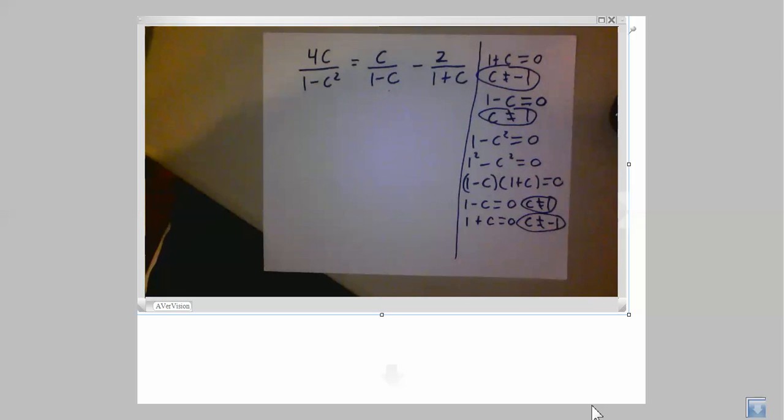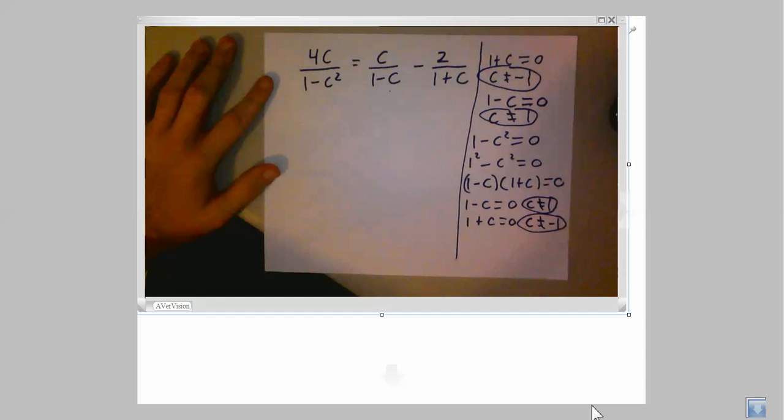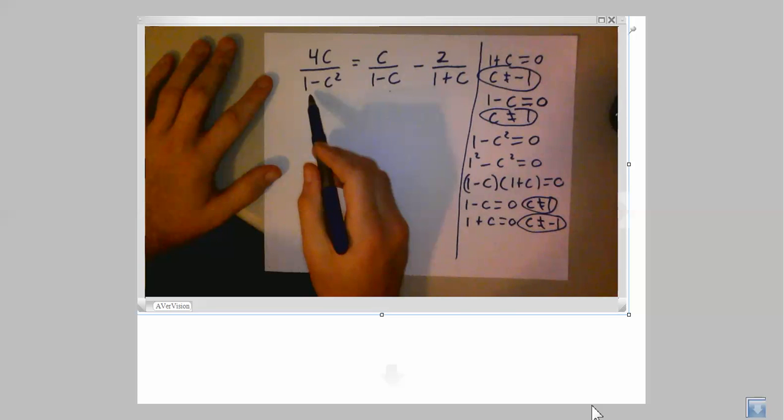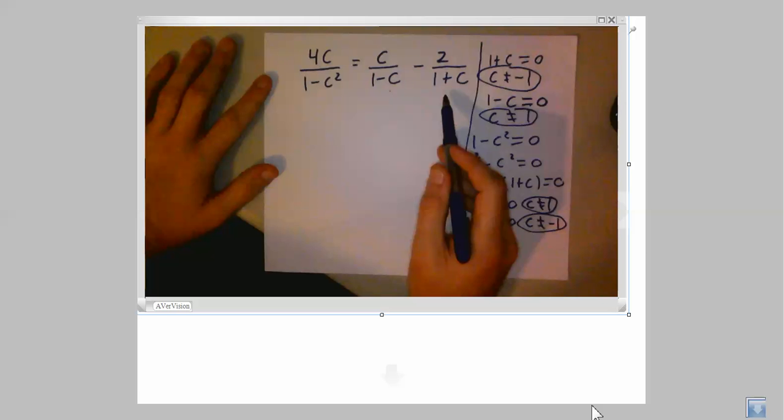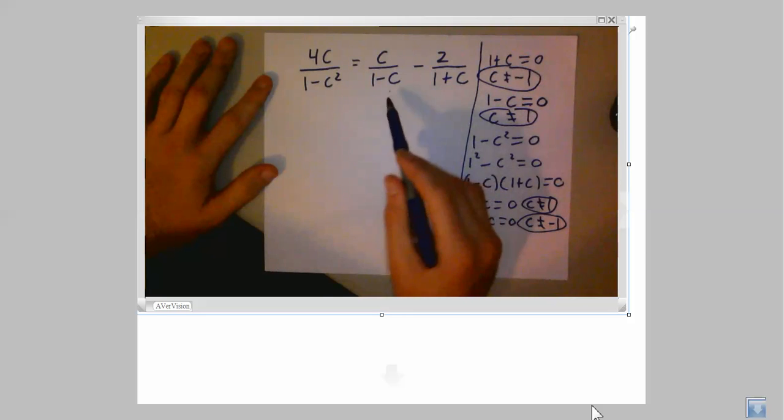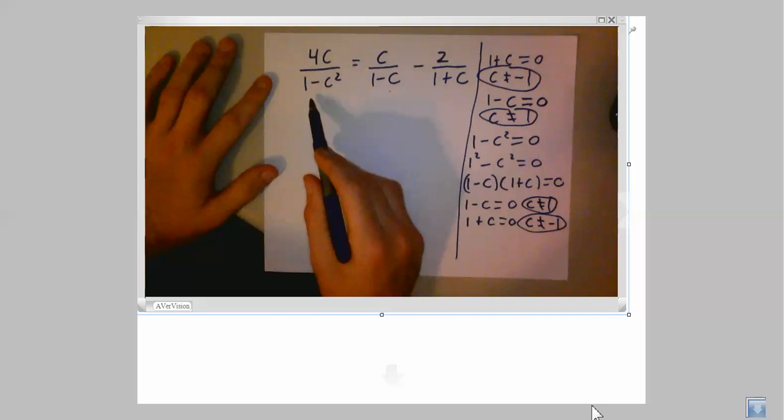Before we start solving, we had to make sure we excluded certain numbers for our answers. So what we're going to do now is we want to find an expression that is divisible by 1 minus C squared, 1 minus C, and 1 plus C. So when you do this type of problem, try factoring the most complicated expression.